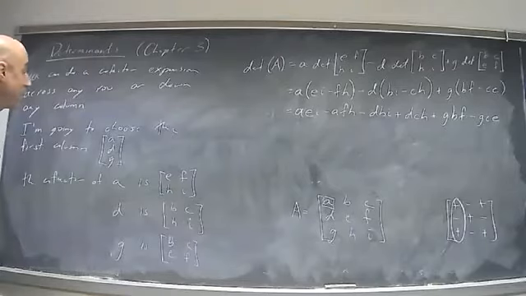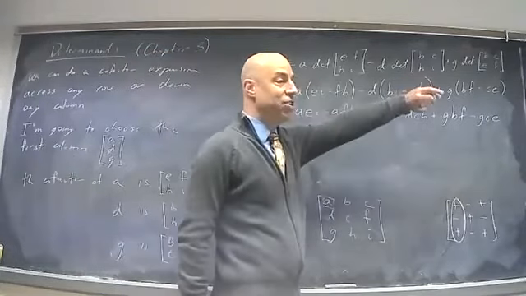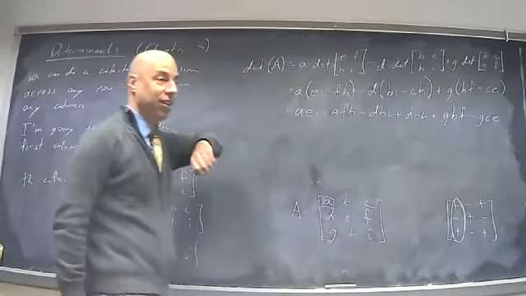So to take the determinant of a 3 by 3 matrix, you have to take 3 determinants of a 2 by 2 and string them together like this.